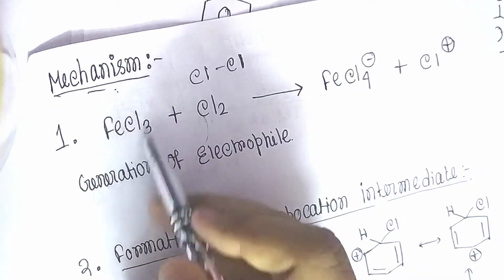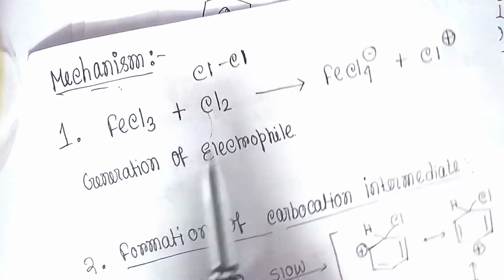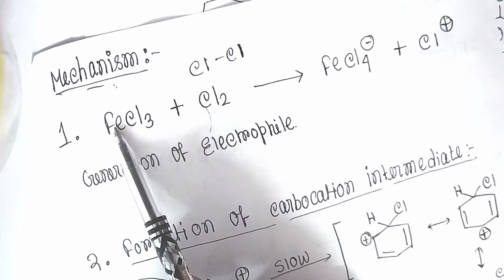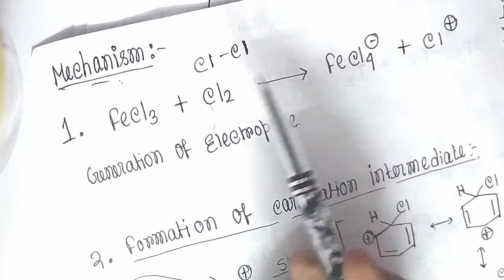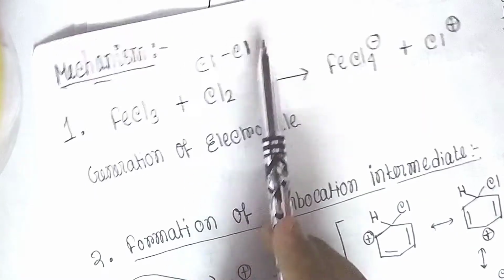FeCl3 is a very good electron acceptor, so it accepts Cl minus. If you break it as Cl minus and Cl plus, then Cl minus gets attached to Fe, and we get FeCl4 minus and Cl plus.